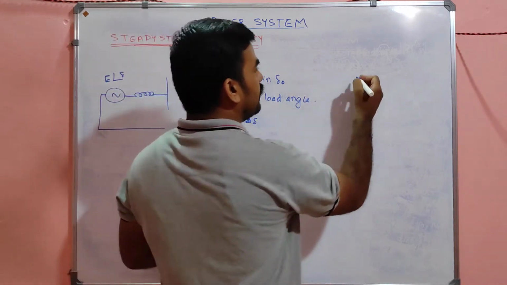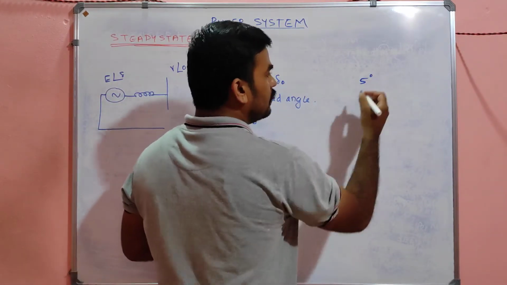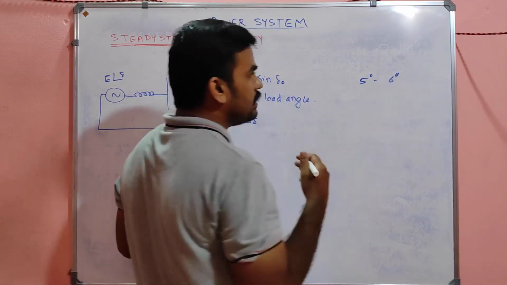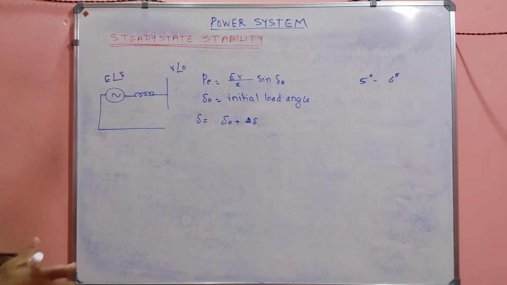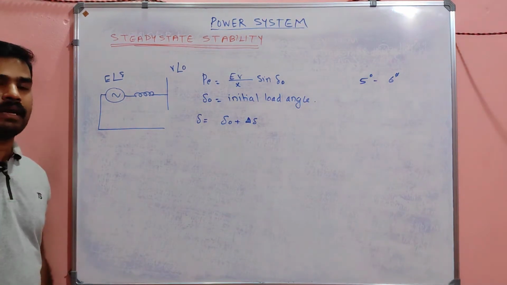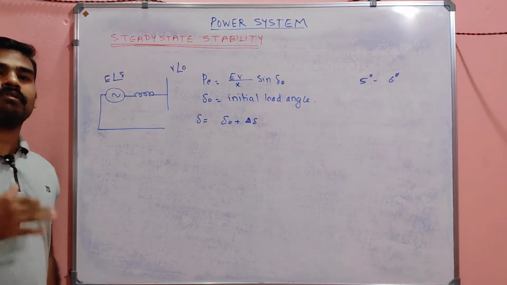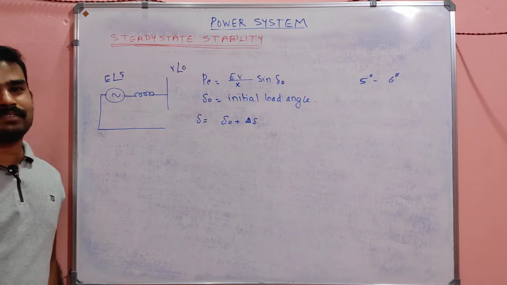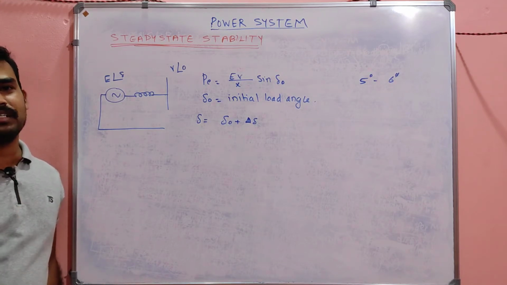Suppose the rotor angle is 5 degrees, and you simply increase it to 6 degrees, or 5.5 degrees or 6.5 degrees at most. Not up to 10 or 20 degrees, because that would be a transient state, I mean transient stability.